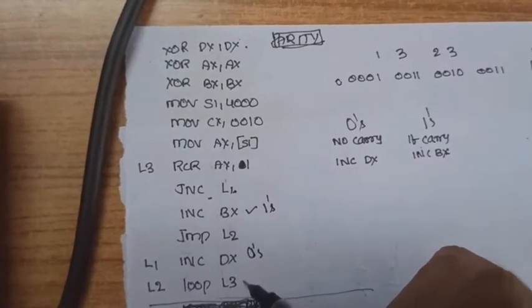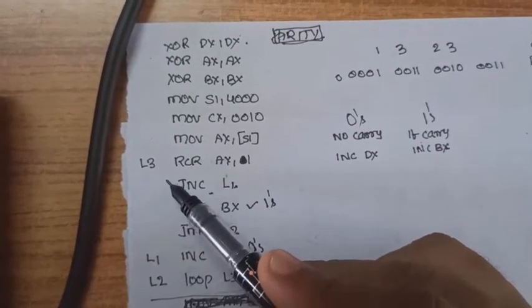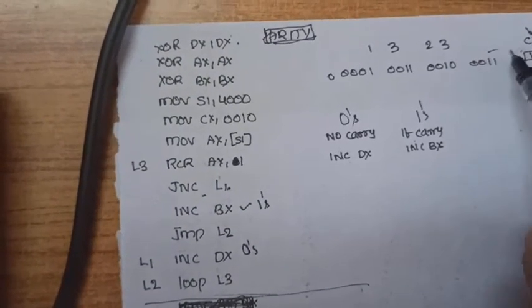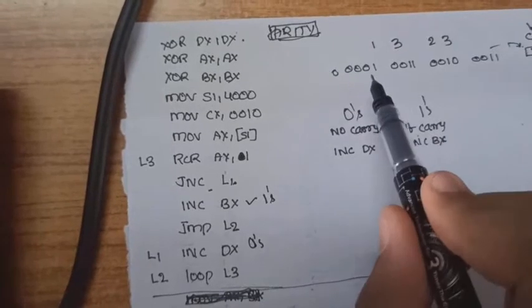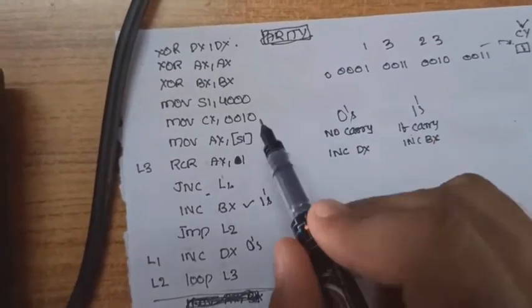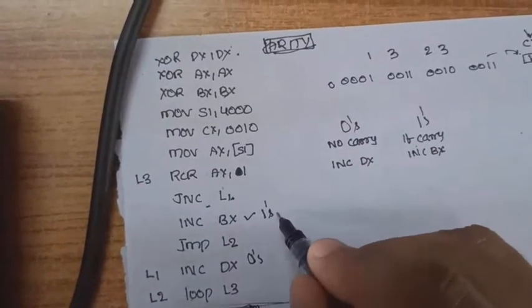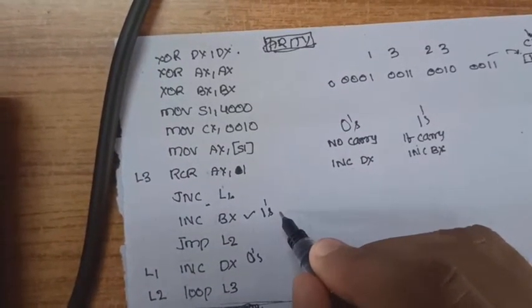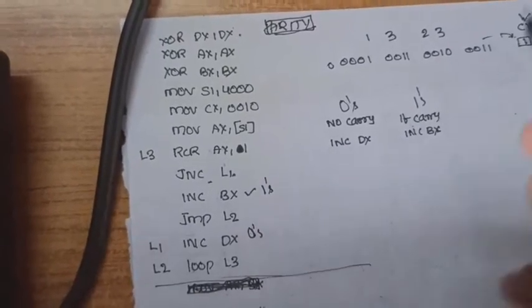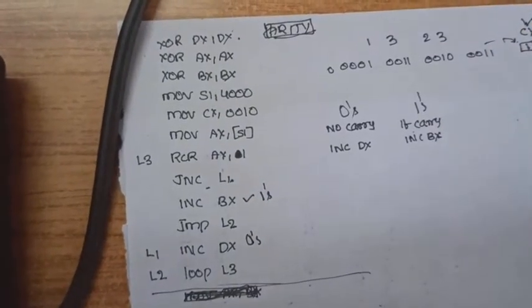Now since we have given a loop here, LOOP L3, it again rotates by one more position. The second bit will be moved into carry now. Likewise, it rotates 16 times, and after the count becomes 0, we have the number of ones in the BX register and the number of zeros in the data in the DX register.